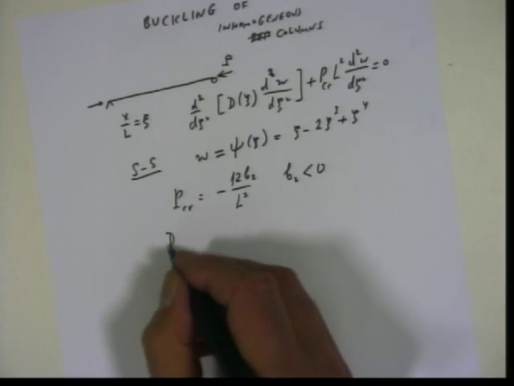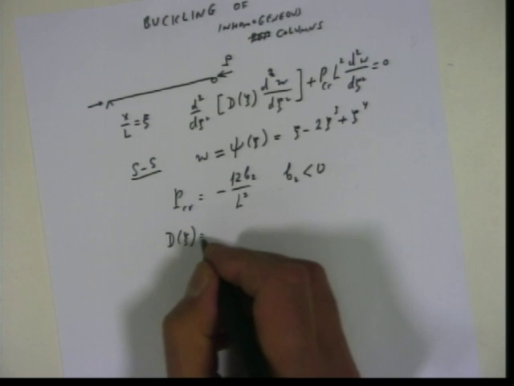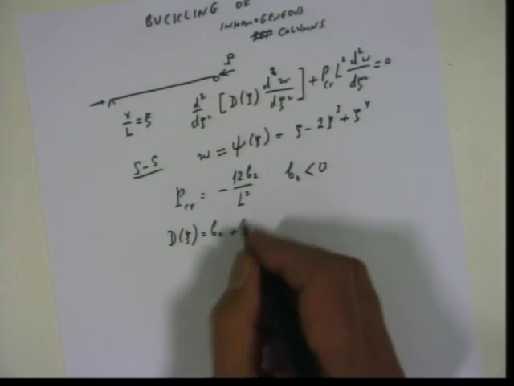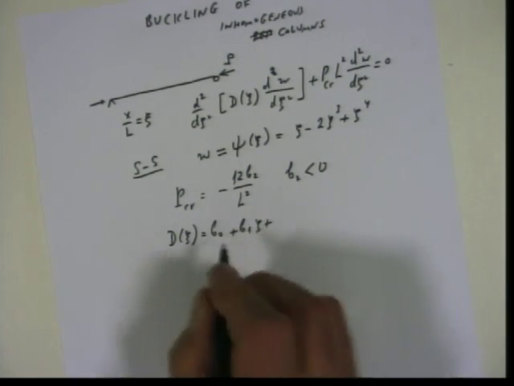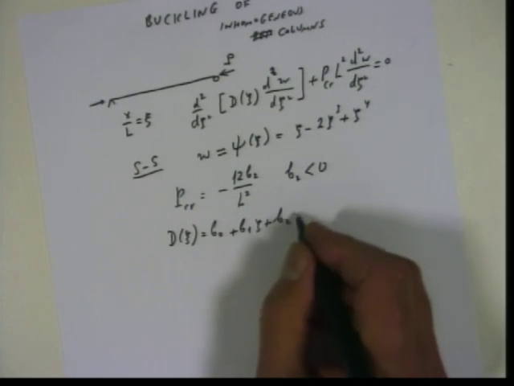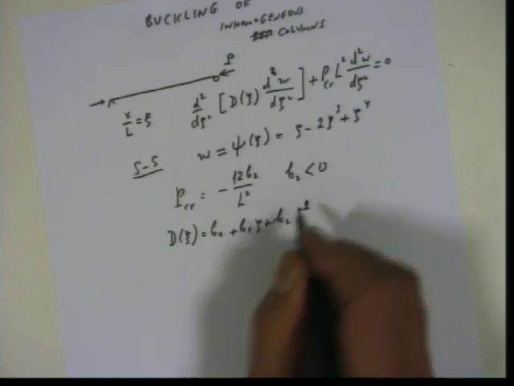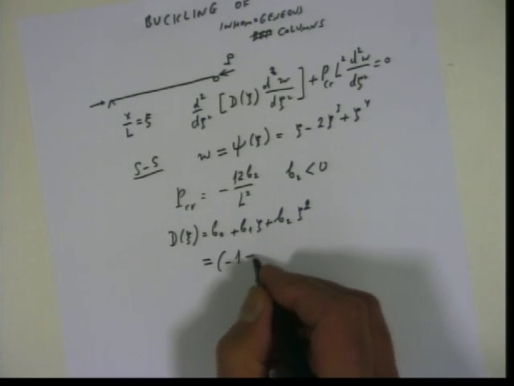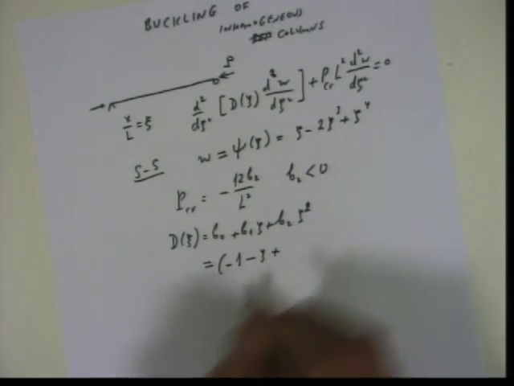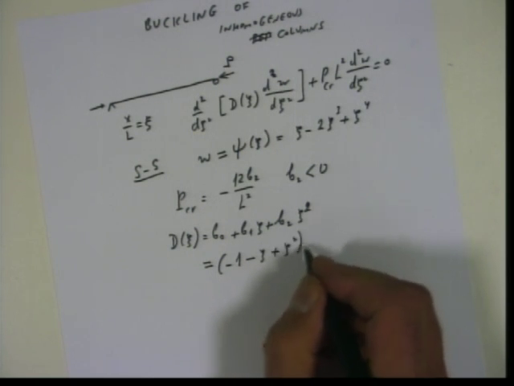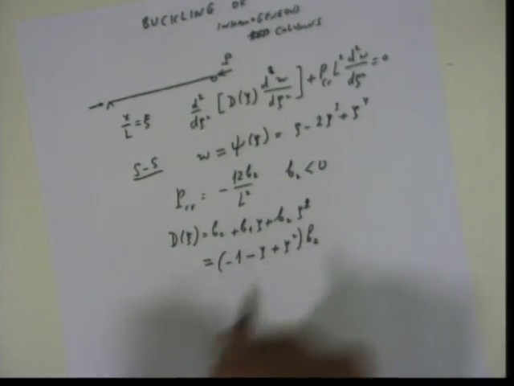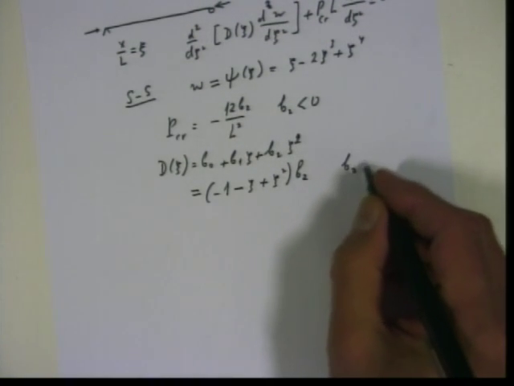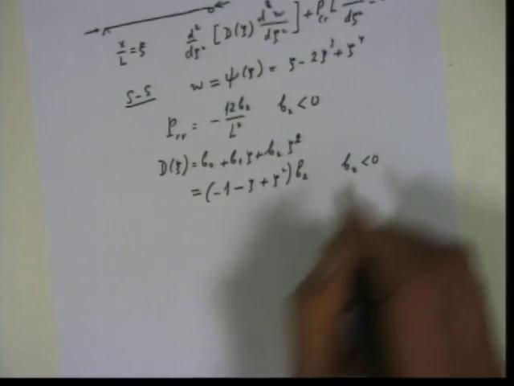Then we got D of xi, which equals B0 plus B1 xi plus B2 xi squared, and this equals minus 1 minus xi plus xi squared, times B2. Now this B2 must be negative.